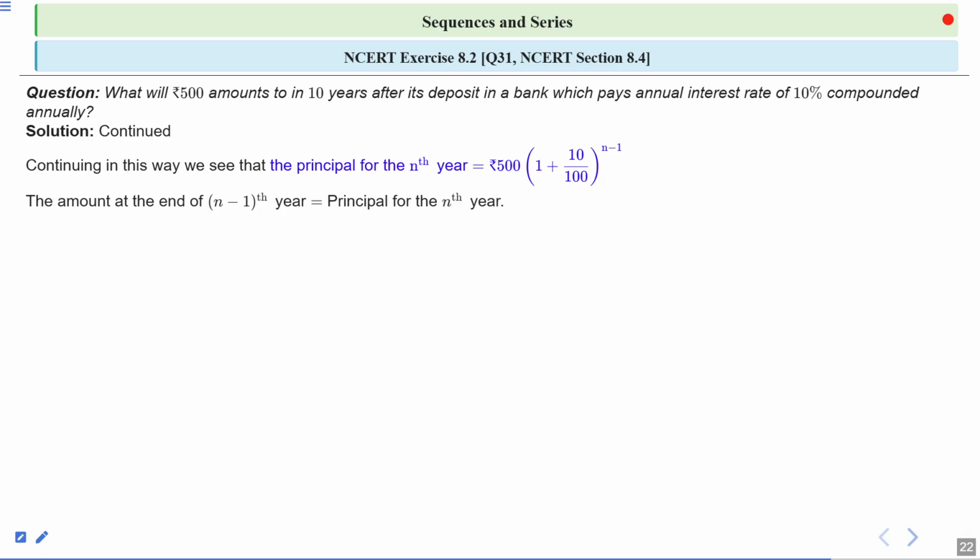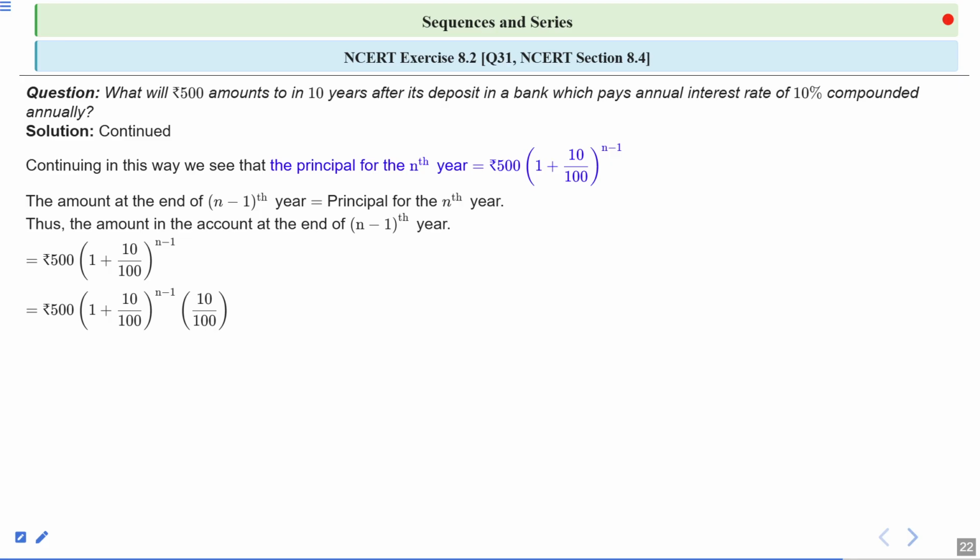Clear? The amount at the end of the (n minus 1)th year is the principal for the nth year. Thus the amount in the account at the end of the (n minus 1)th year is 500 times (1 + 10/100) to the power n minus 1. Clear?